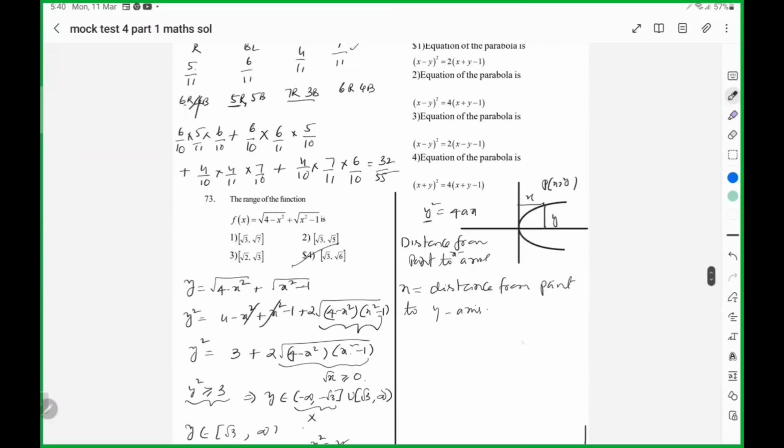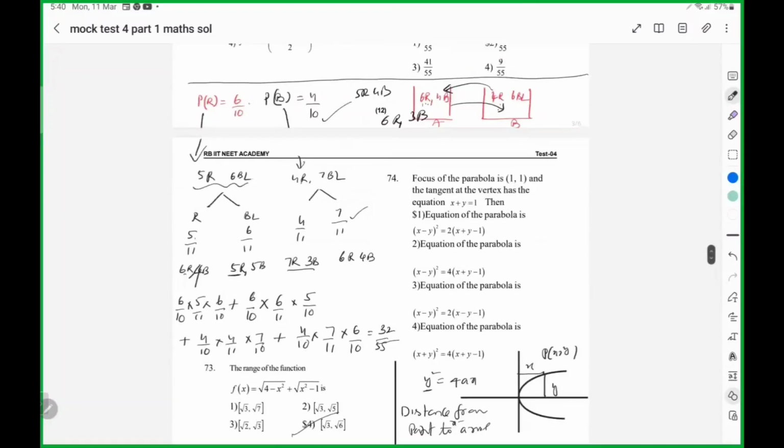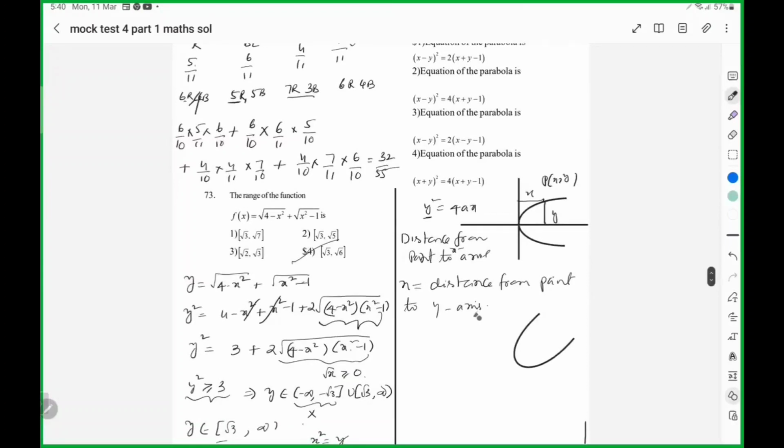So now here, a parabola is given whose axis and tangent at vertex is like this.